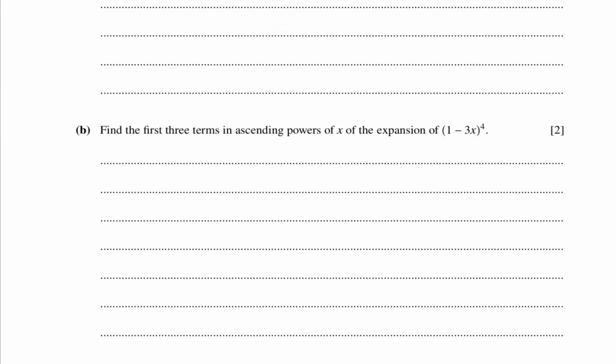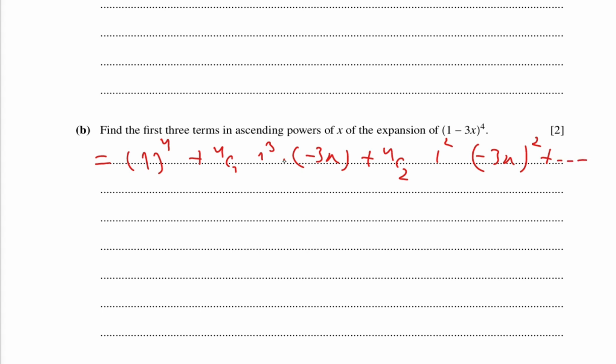Find the first three terms in ascending powers of x of the expansion of (1 minus 3x) to the power 4. So again we have to expand 1 to the power 4 plus 4C1 times 1 to the power 3 times (minus 3x) to the power 1, plus 4C2 times 1 squared times (minus 3x) squared, and so on.